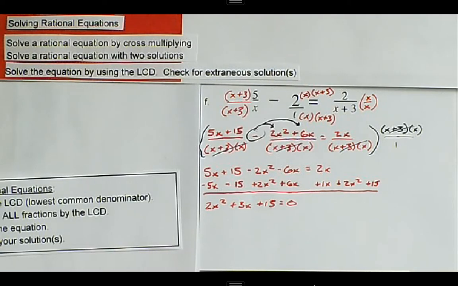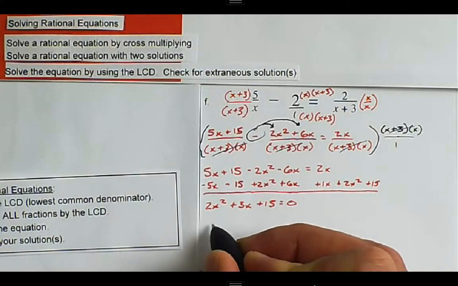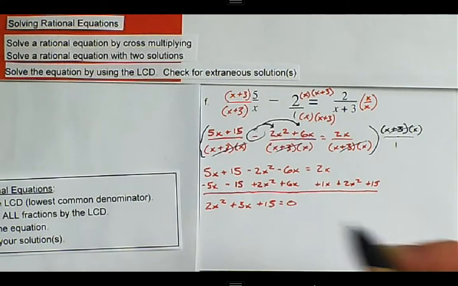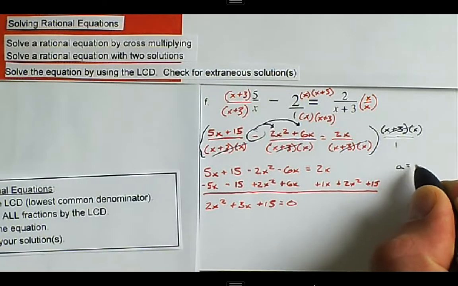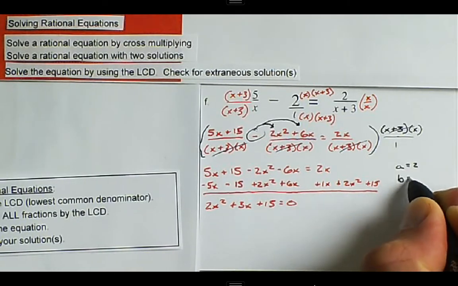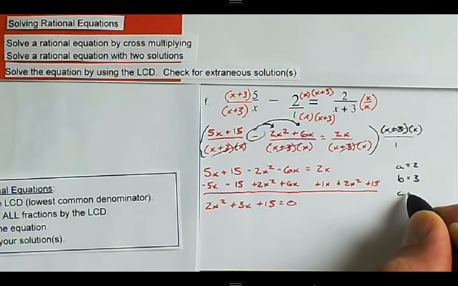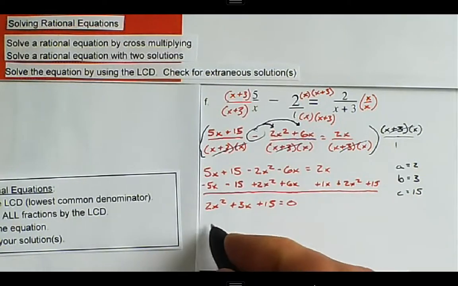And so the next thing that we can do is the quadratic formula. So let's identify A is equal to 2, B is equal to 3, and C is equal to 15.